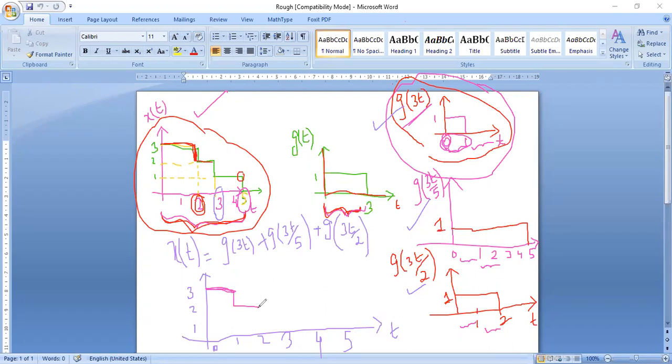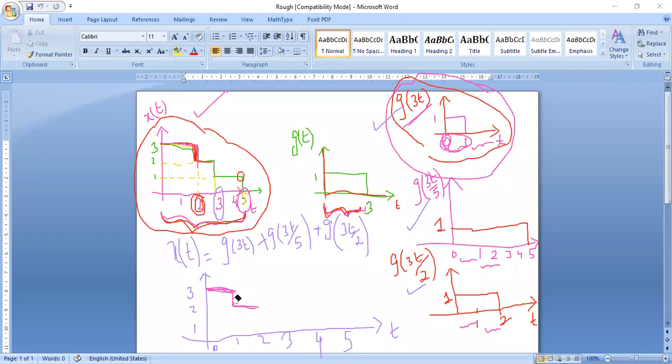No, because in x of t, between the interval 0 to 2, I have an amplitude of 3 only. But in my final diagram, only from 0 to 1 my amplitude is 3, and later it is reduced to 2. So I am going the wrong way.